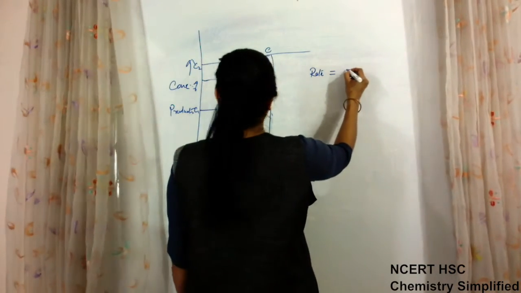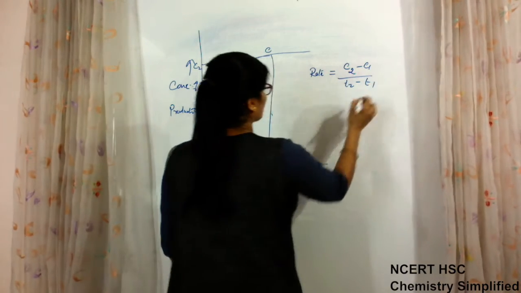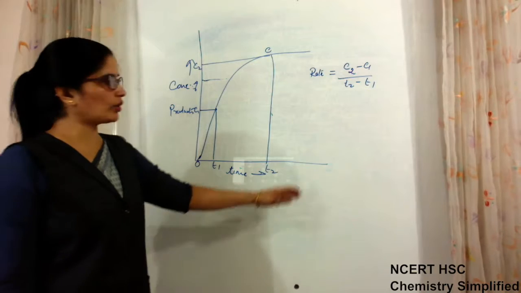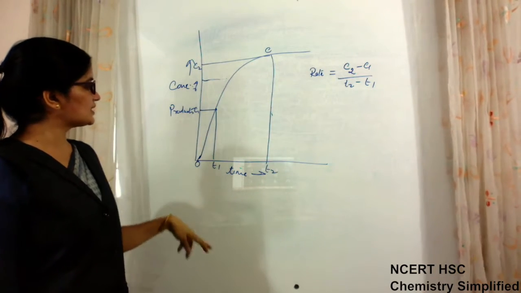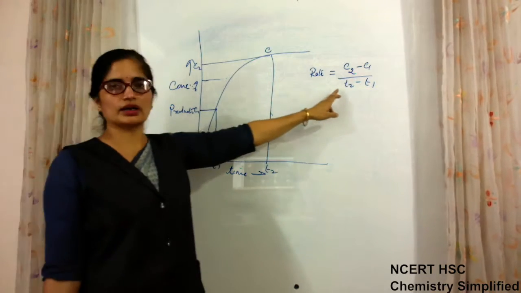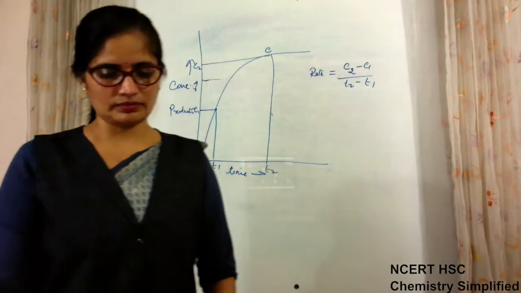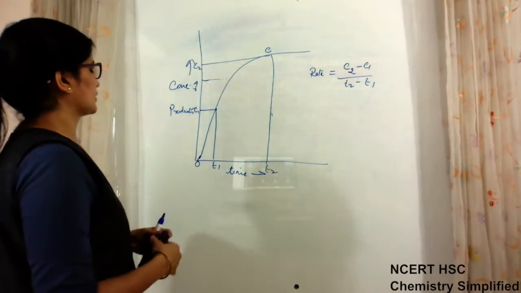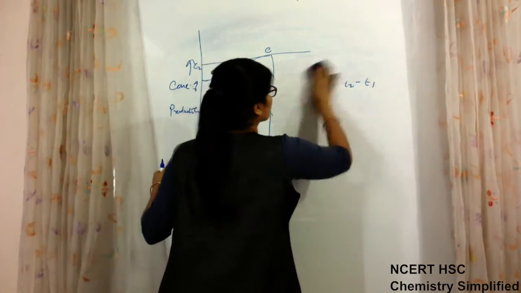Then it will be C2 minus C1 upon T2 minus T1. This time, because C2 is more than C1, the value will come positive. Clear? So this is about the graphical representation.